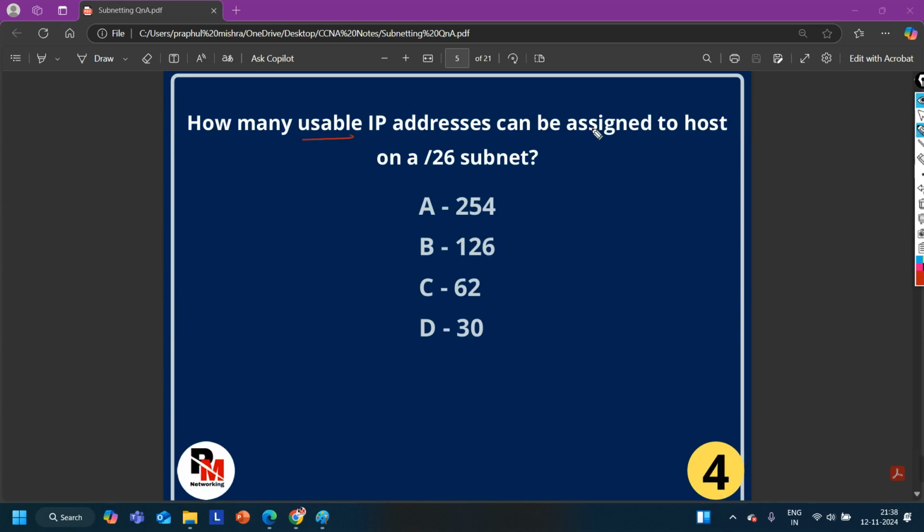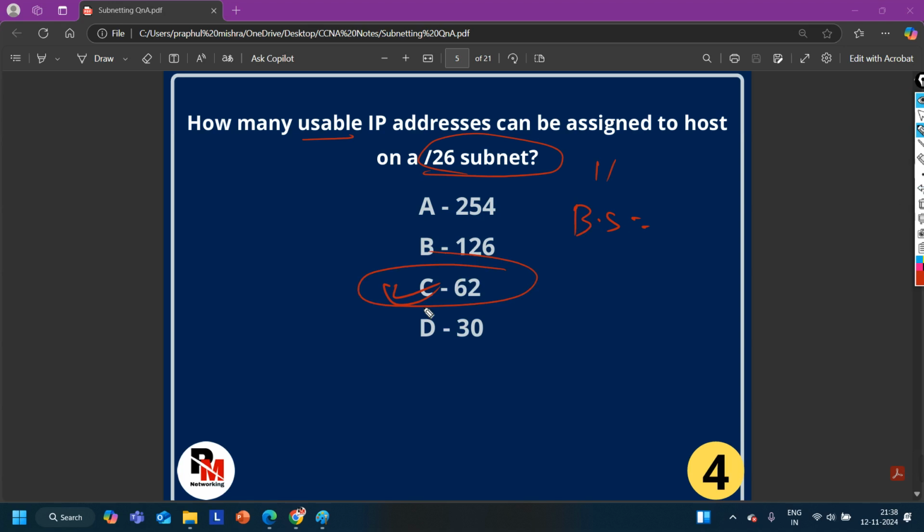How many usable IP addresses can be assigned to hosts on a slash 26 subnet? 126. Block size you can find 256 minus. C option, sir. Yes, it is asking for the usable IP addresses.